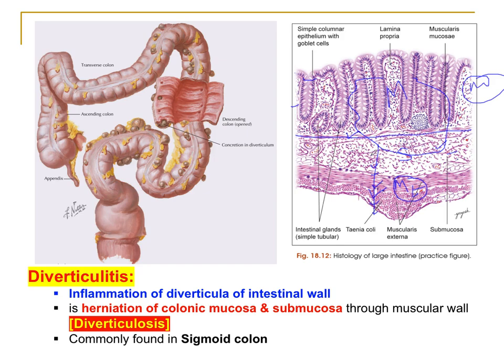The inflammation of such herniated structures is called diverticulitis. These are the outpouching of the colonic mucosa and submucosa through the muscular wall, and they are very common in the sigmoid region.